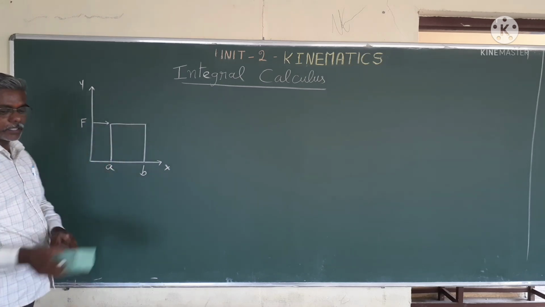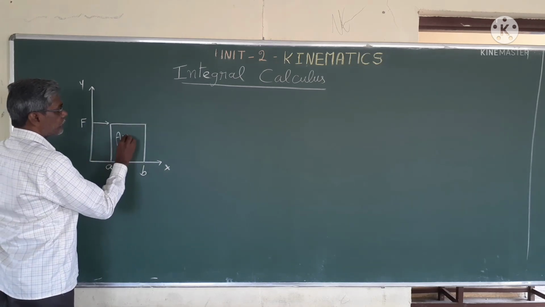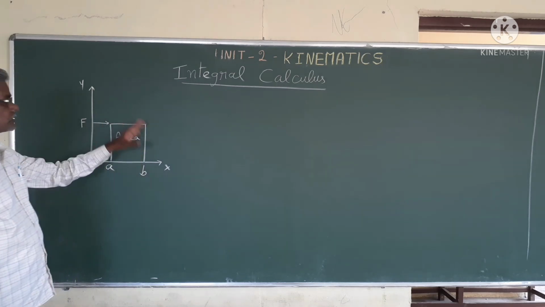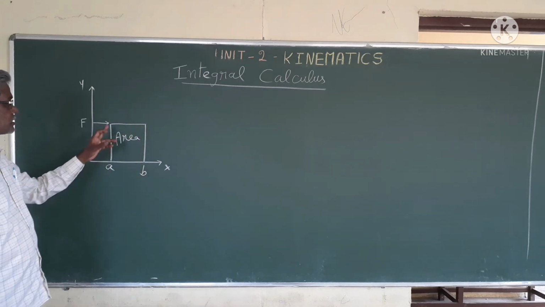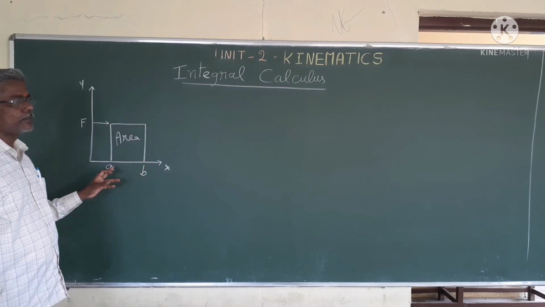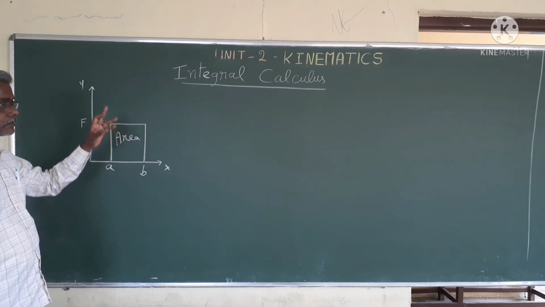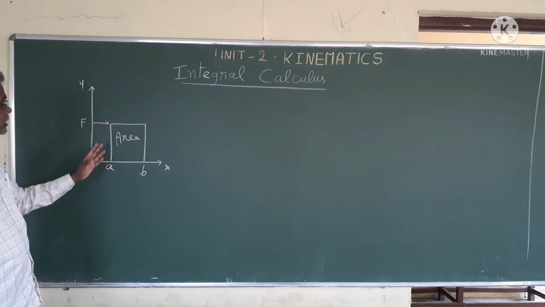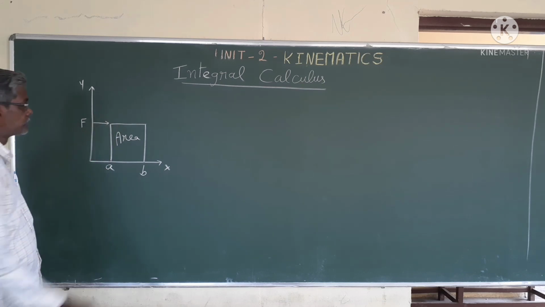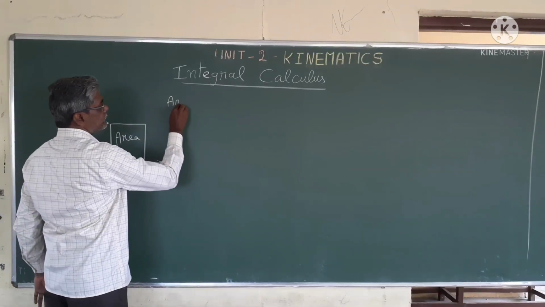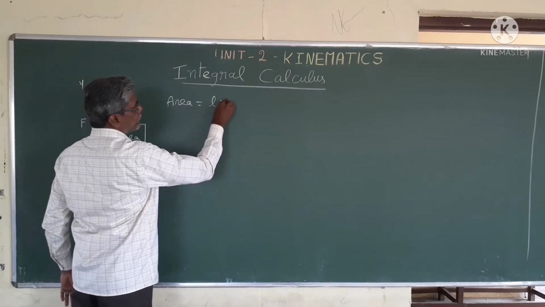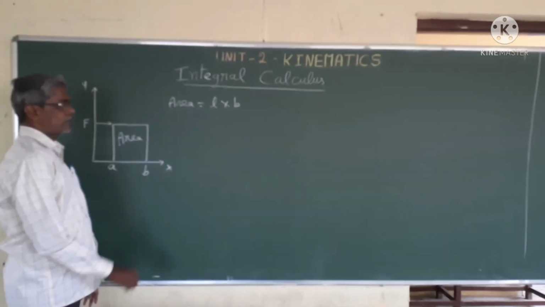Now, how do we find the area under this curve? Since this geometrical shape is a regular shape, in the form of a rectangle, I can directly write the area of a rectangle: length into breadth.